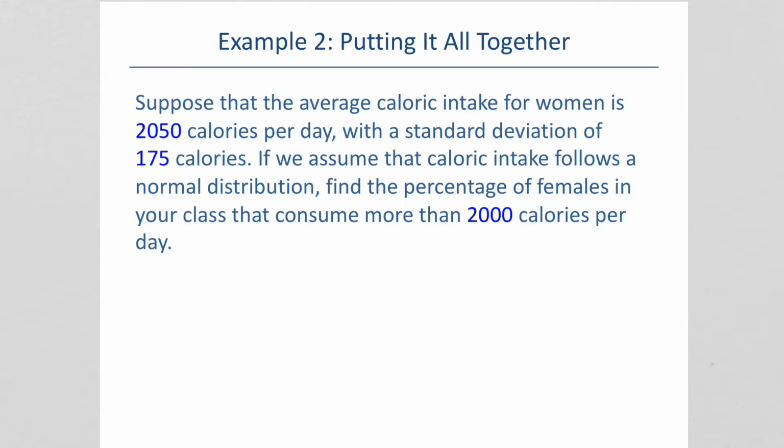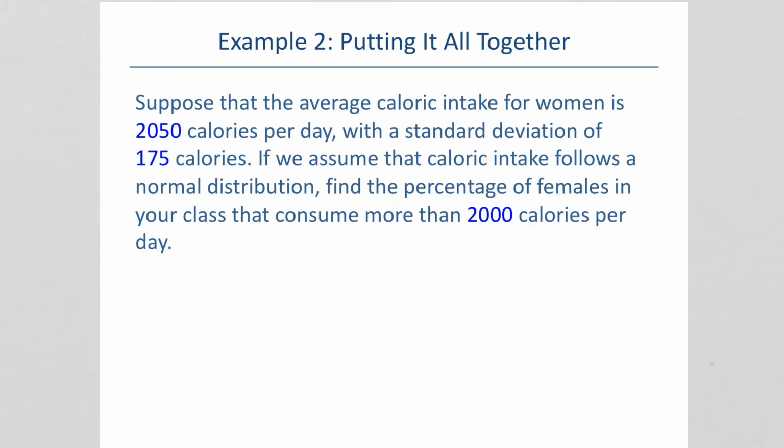Example 2. Suppose that the average caloric intake for women is 2,050 calories per day, with a standard deviation of 175 calories. If we assume that the caloric intake follows a normal distribution, find the percentage of females in your class that consume more than 2,000 calories per day.